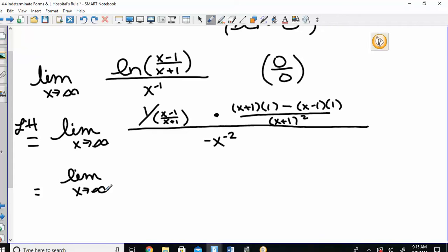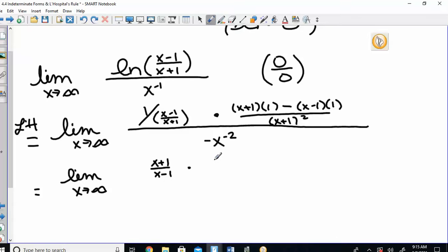What could I do to that? Well, how would I write this so it's not like a fraction in a fraction? You know, it would become x plus 1 over x minus 1. Just what's the bottom one?